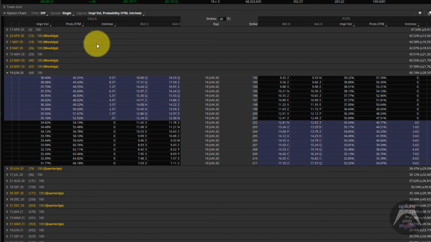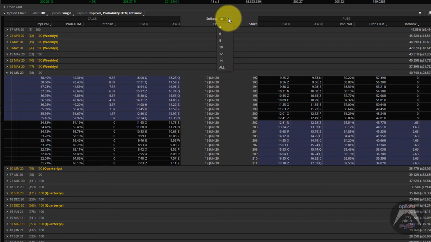The in the monies are usually not used a lot, but keep in mind, sometimes an option could start out as an out of the money option when it was initially put on, and then because of price movement, it could end up being an in the money call or put. So this is basically what's important.